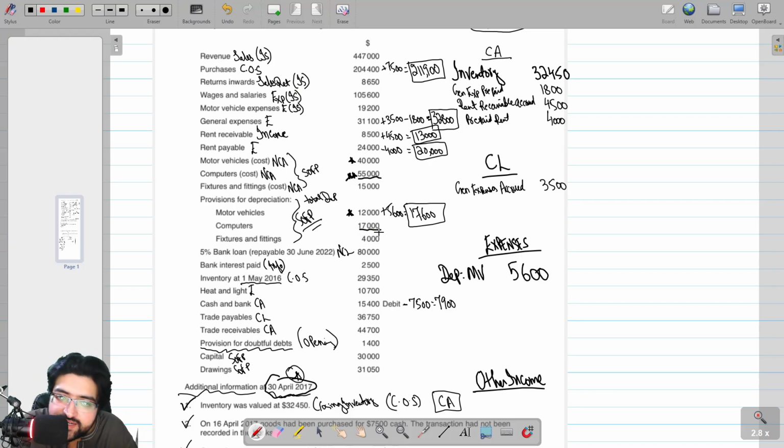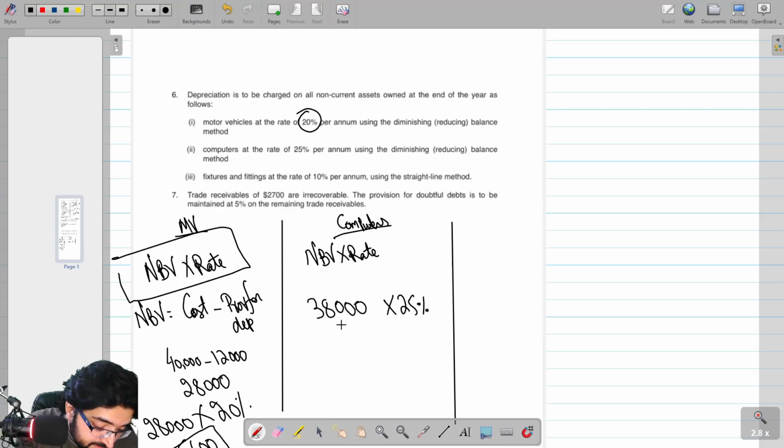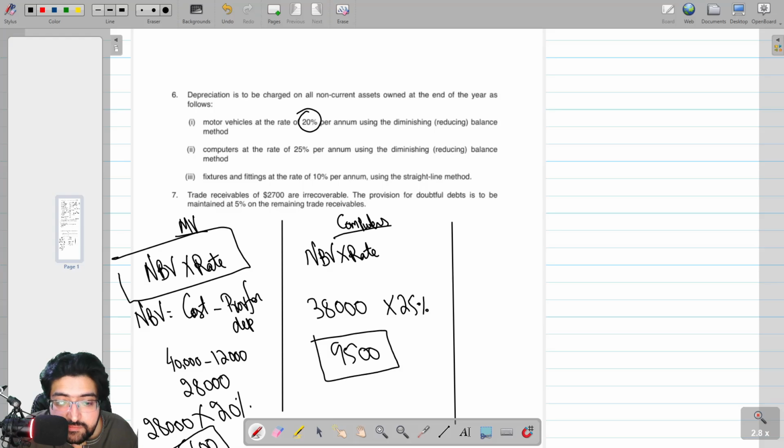So use your calculator directly and find the net book value. 55,000 minus 17,000 gives me 38,000. So that's the net book value. I will come here and write 38,000. Okay, do the working. Multiplied by 25%, you will get 9,500 as the depreciation.